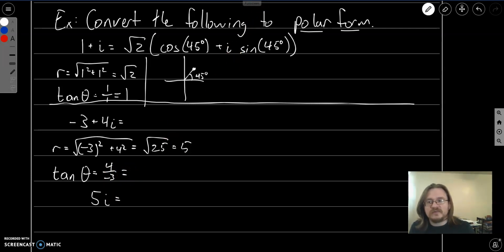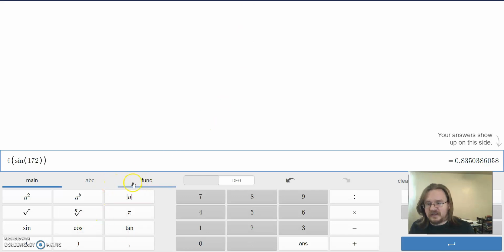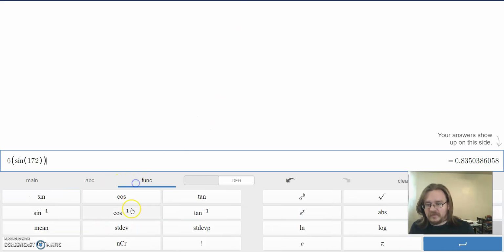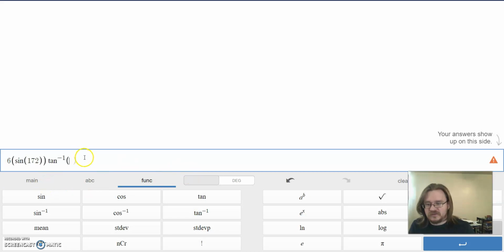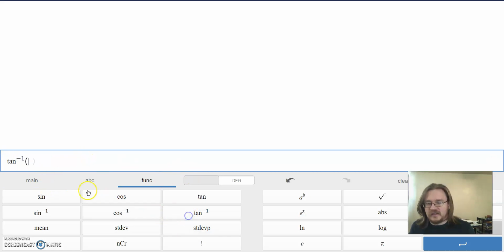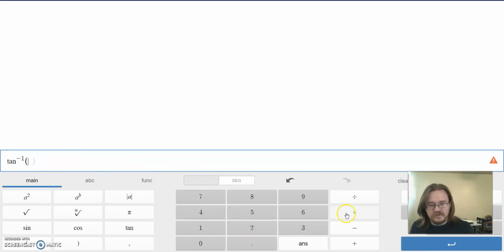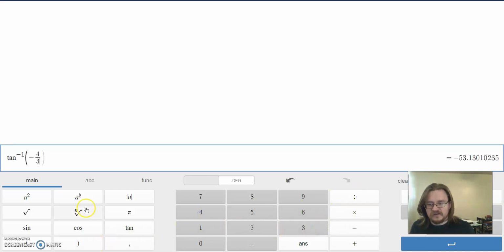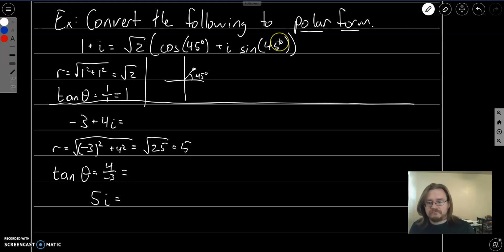When I come over to Desmos and take the inverse tangent of negative 4/3, I get a negative 53 degree angle.